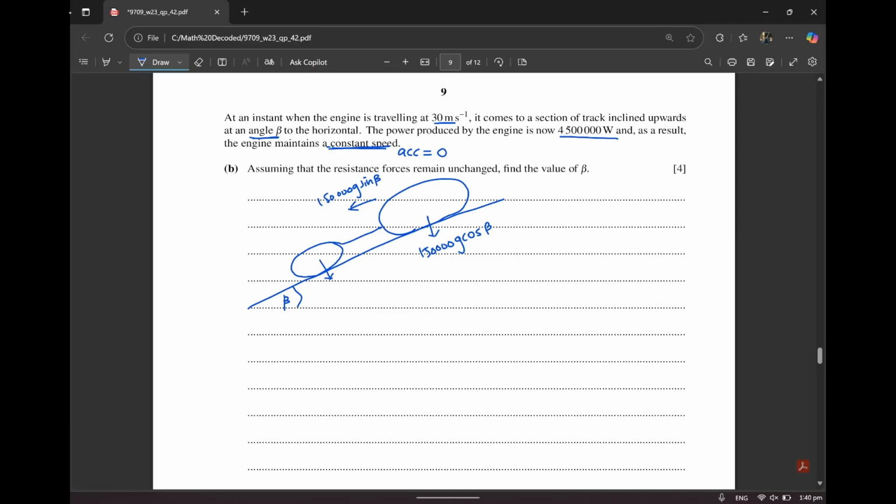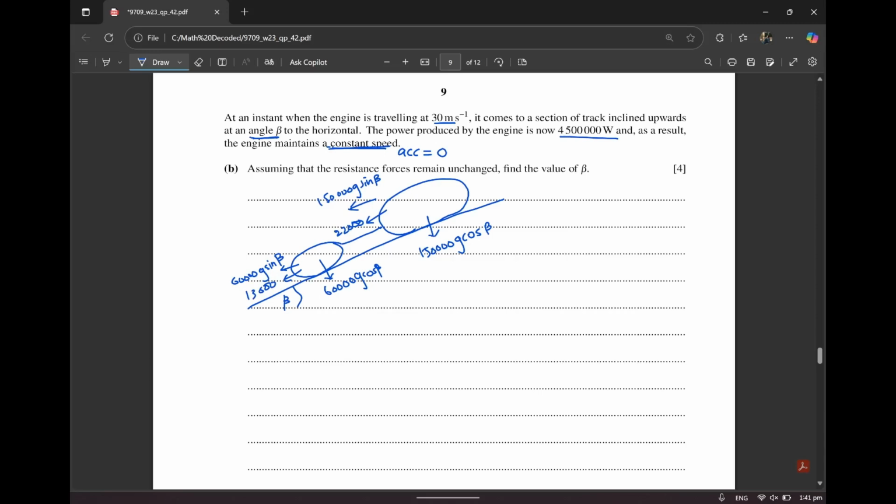Similarly for this, 60,000 G cos beta and 60,000 G sin beta. And it says that the resistance forces are unchanged, so that's just going to be 22,000 and 13,000 if I'm not wrong.